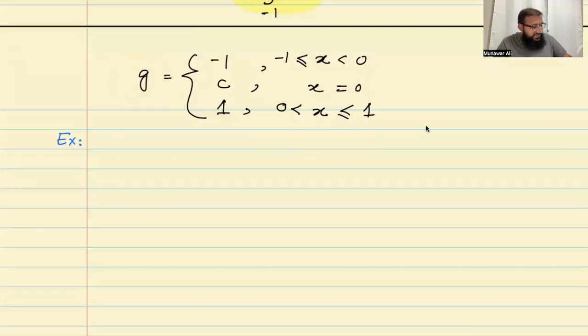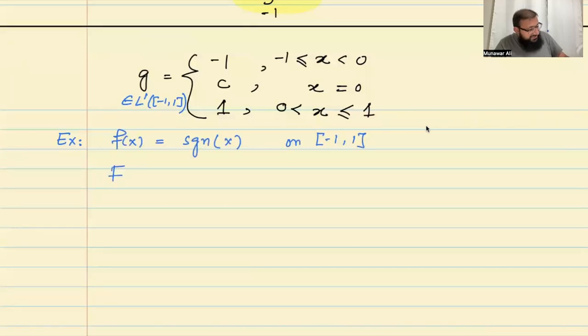If you integrate this function from -1 to 1, you should get a finite number. It should not be infinity. So the second example is the function signum, some people call it the sine function or signum function, on -1 to 1.